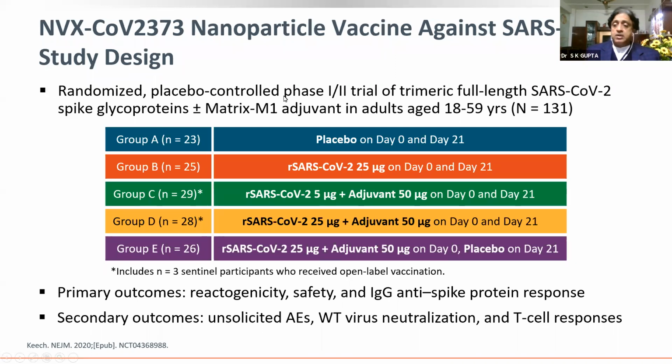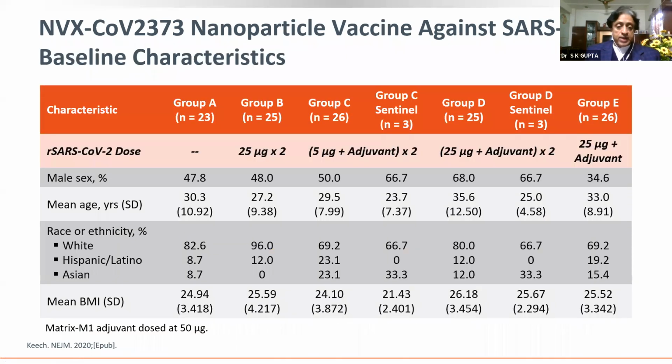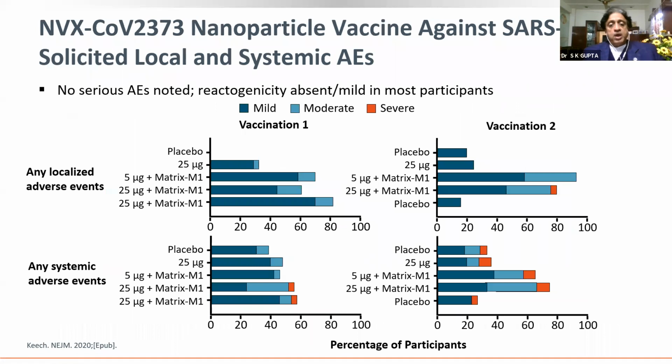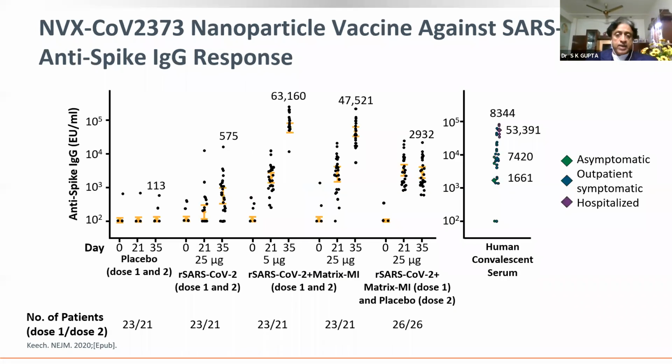I told you earlier that in Covaxin, the Bharat Biotech vaccine, they have used alum or AMDG as the adjuvant, but here it is a Matrix-M1 adjuvant. The vaccine has been tried in people between 18 and 59 years of age, with different doses, and it has been found to have very few side effects. It's a wonderful vaccine.